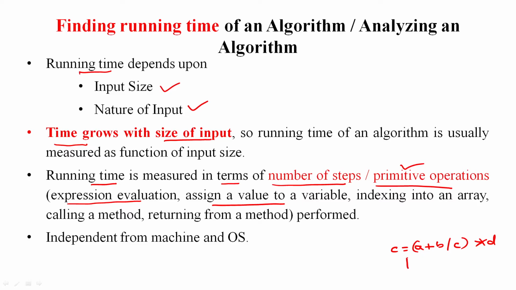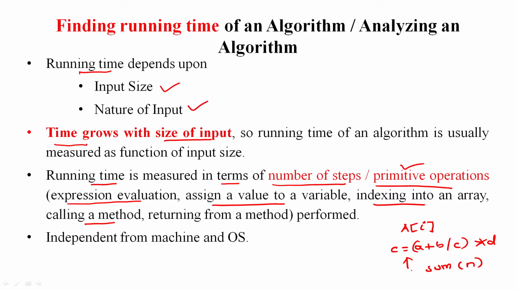So here we are assigning the value to the variable c. And indexing into an array: if we are using an array variable, then we give the index. For each index it will consume 1 unit of time. Then method calling. Suppose we are using a method, then we call the method sum of n numbers.